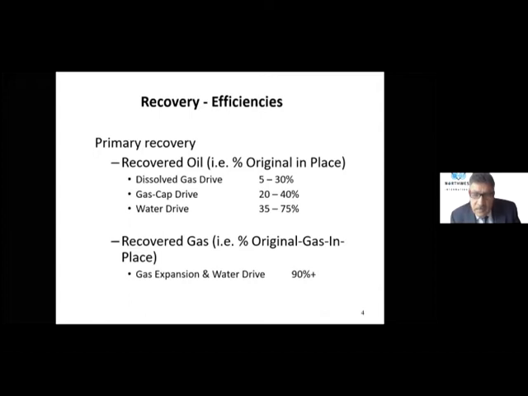We call them drive mechanism. So we have some oil already exists in the field. We call it original oil in place, or sometimes say IOIP, initial oil in place, or initial in place oil.